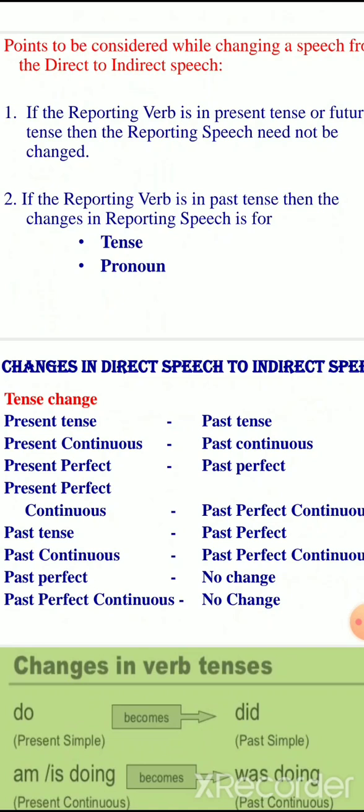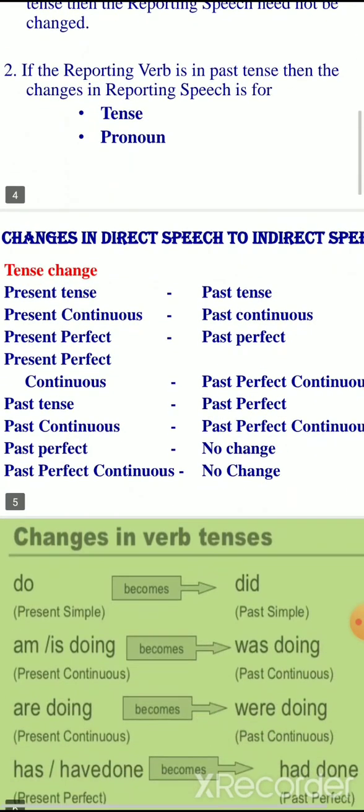Now one thing guys, before changing into reported speech, the point you should remember is, number one, all the statements, all the speeches, that is all the exact words of the speaker should be reported in the form of statements. Ante vakyamuga, adi question ga undi, exclamation ga undi, whatever it may be, you have to change it into statements. That is the main point here in direct to indirect speech.